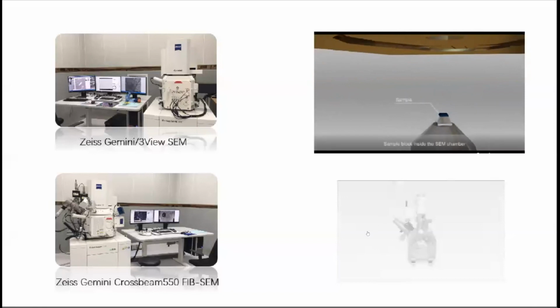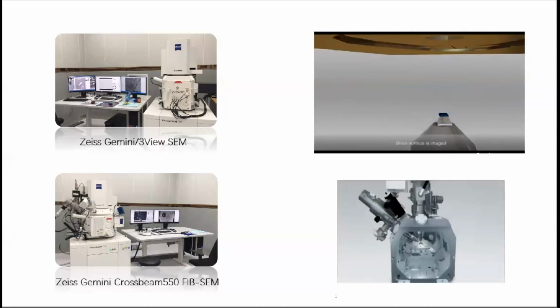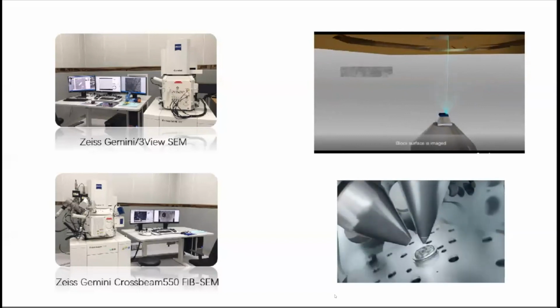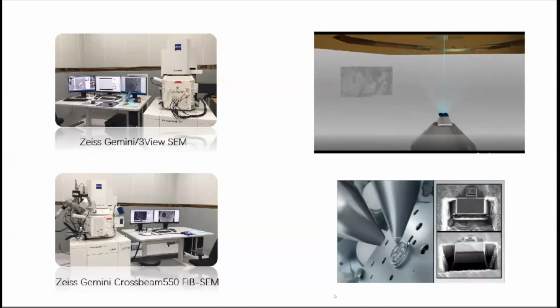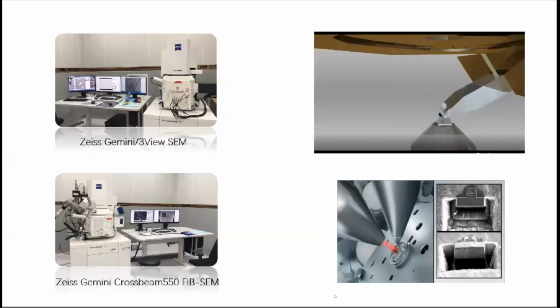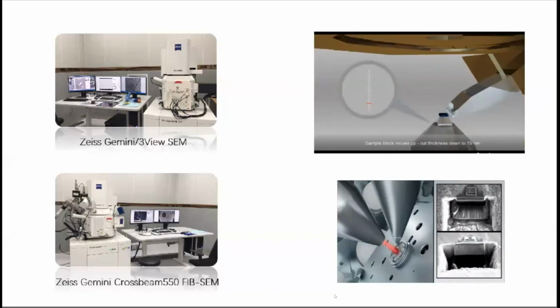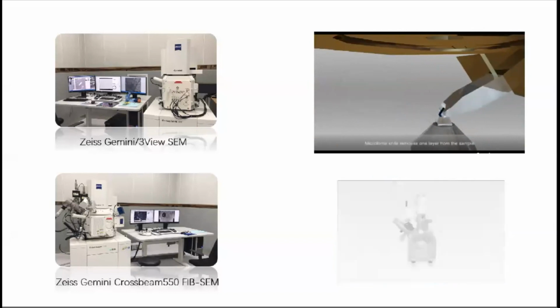The FIB SEM repeats the sample milling by a focused ion beam, and the observation of back-scattered electron image of the new sample surface in the specimen chamber.